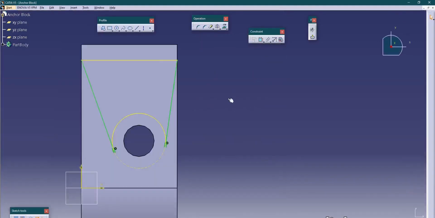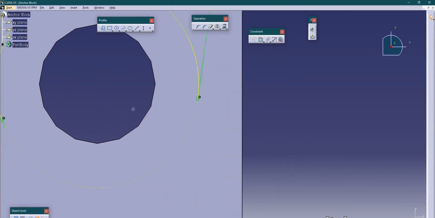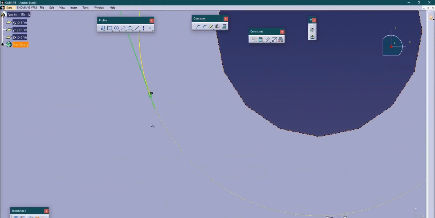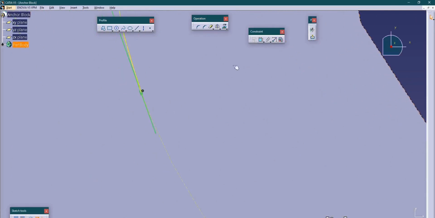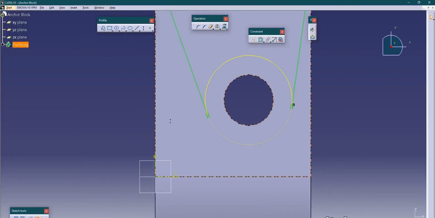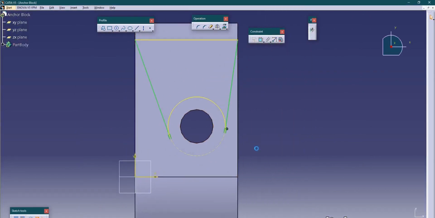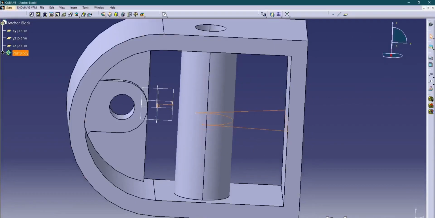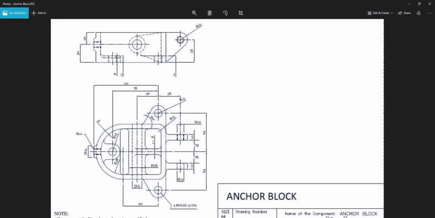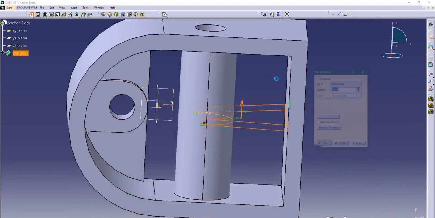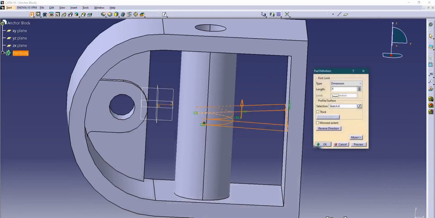It means there is an open loop. See, now let us trim it. And extrude it 8 mm, which would be 4 and mirrored extent.